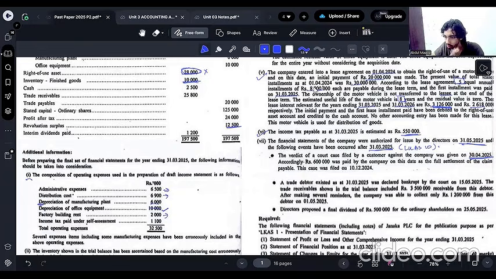A customer had filed a case against the company. This case was filed on 10th of December. Okay. During our year, a customer had filed a case. Now the confirmation, the final judgment given by the court, was given on 30th of April 2025, after the reporting period.